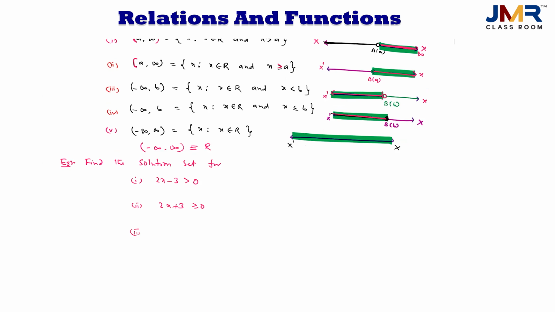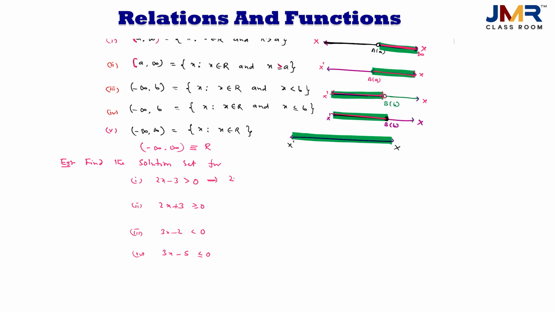Third one, 3x minus 2 less than 0. Fourth one, 3x minus 5 less than or equal to 0. Solution means the set of values of x we have to find, the values of x that satisfy this inequation.